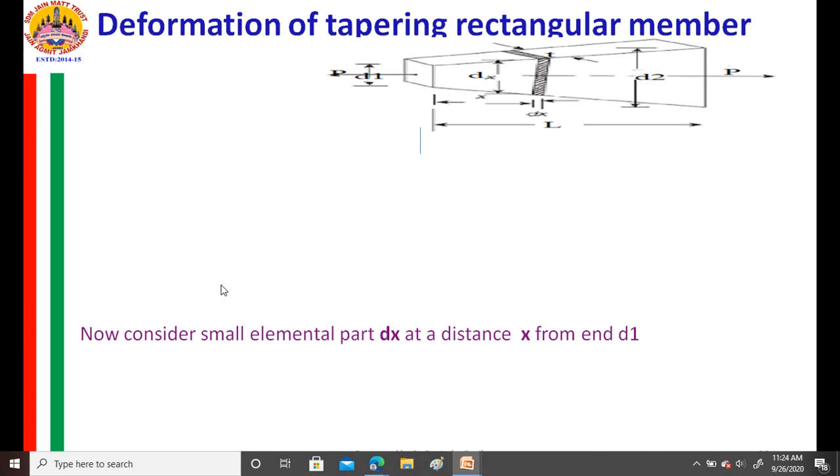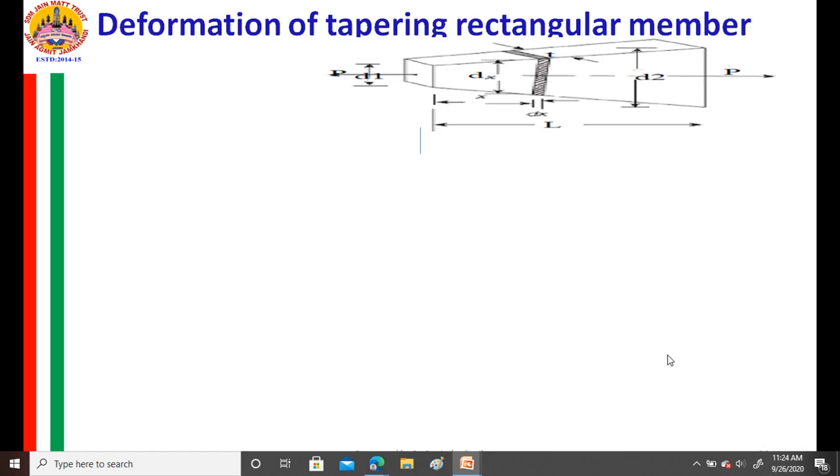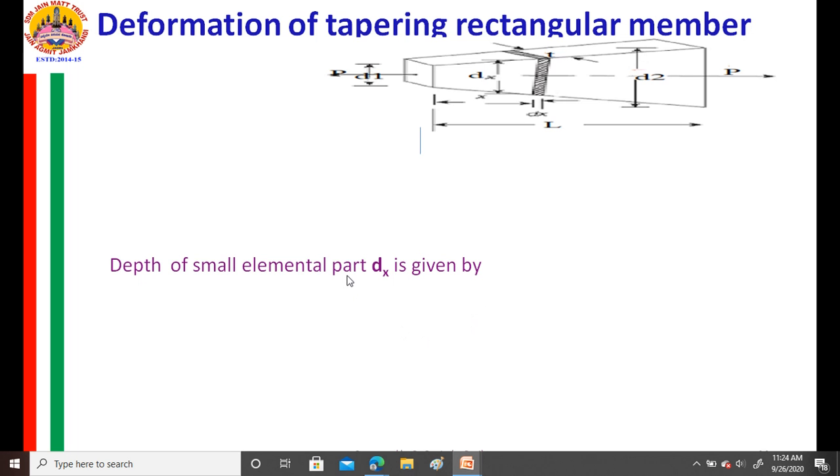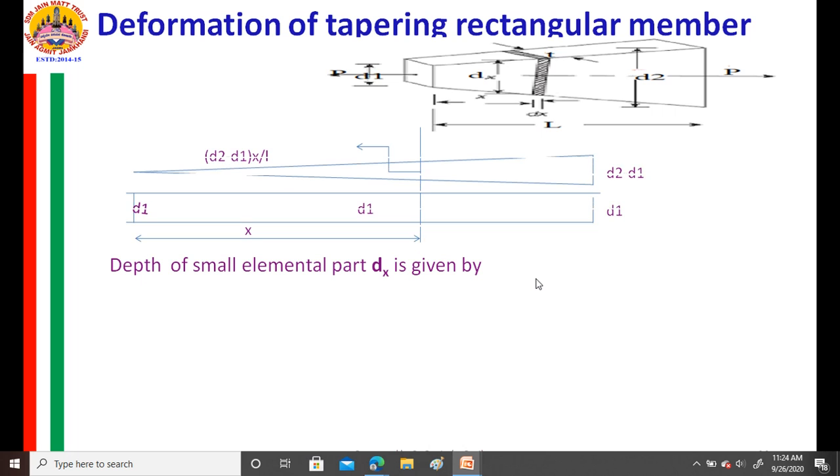So consider small elemental part dx at a distance of x from the end d1. The depth of the small elemental part, if I call it as d subscript x, in the figure it is indicated as d subscript x, and how we are calculating it, just see here.